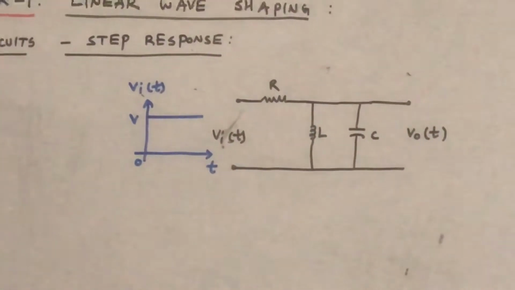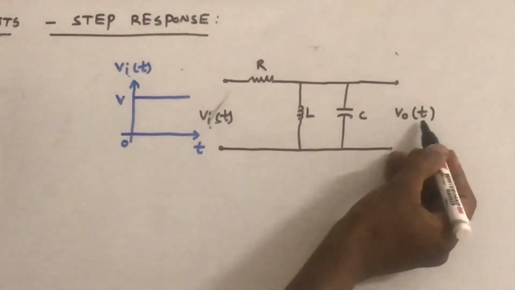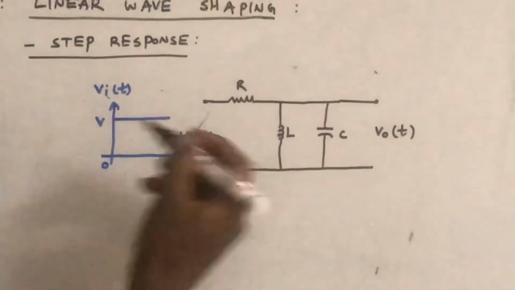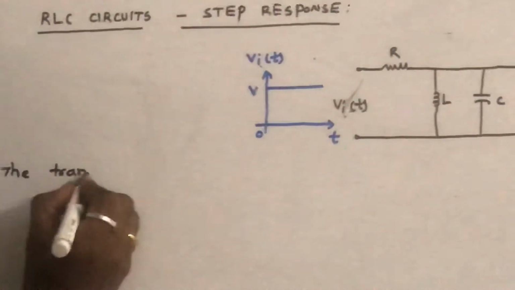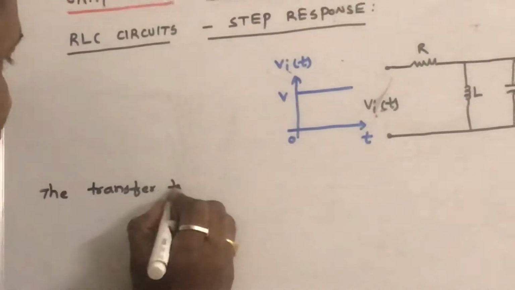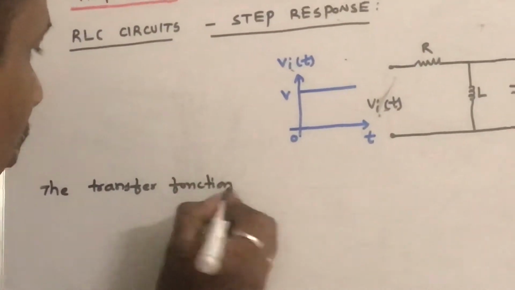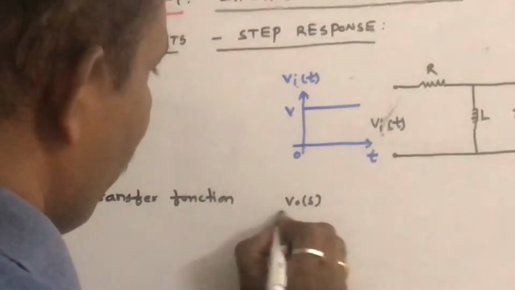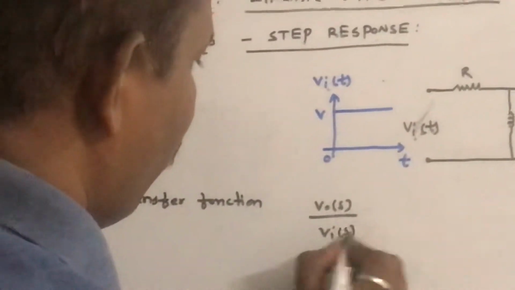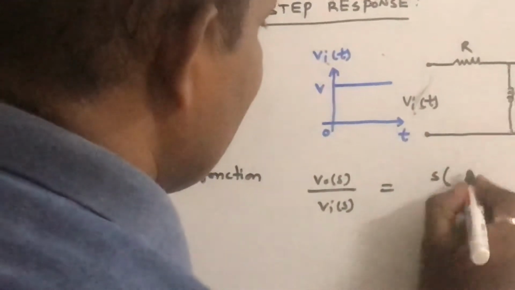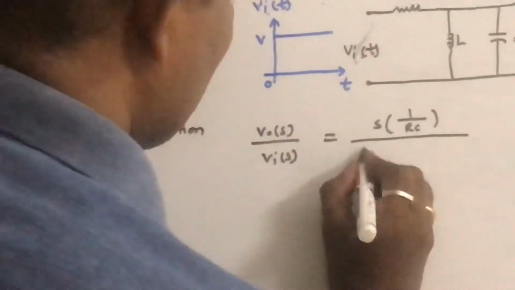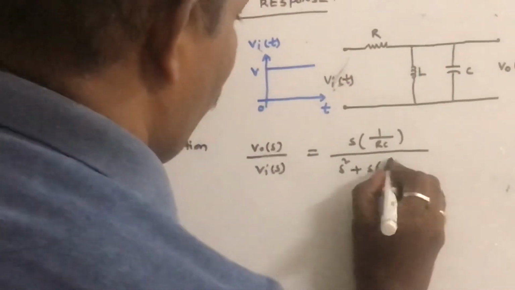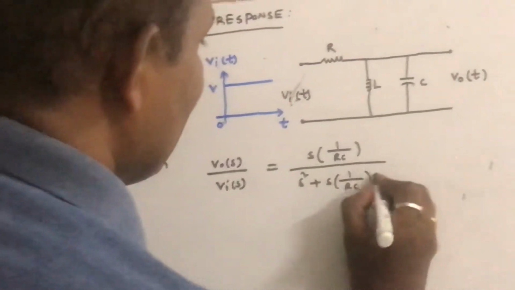Now, as already we derived the transfer function V0 of s by Vi of s, I am again rewriting the transfer function. So V0 of s by Vi of s for this circuit, already we have derived, that is s into 1 by RC divided by s square plus s into 1 by RC plus 1 by LC.